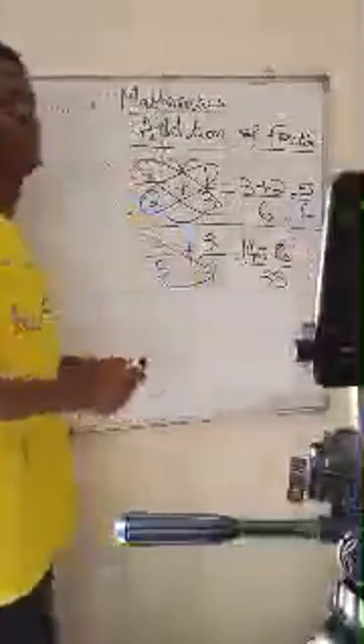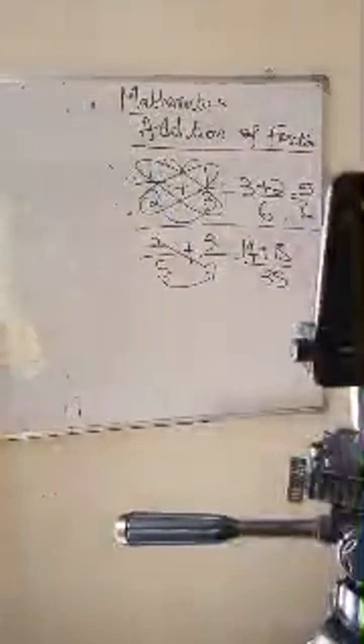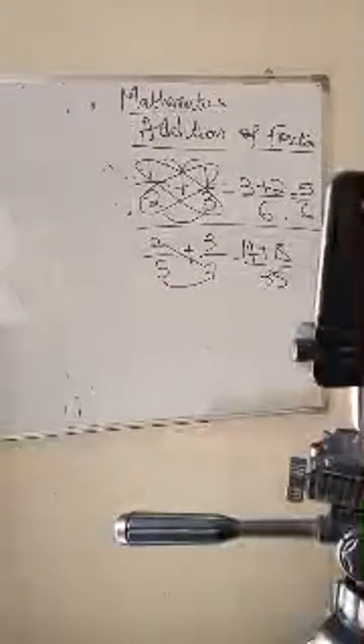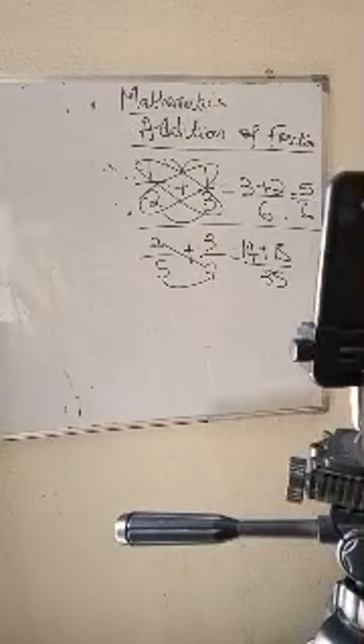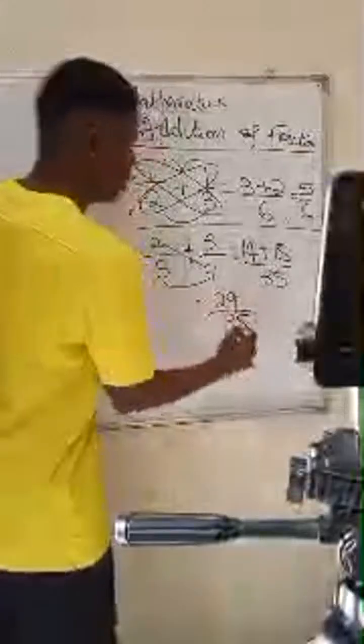So what is 14 plus 15? 29. So the answer is 29 over 35.